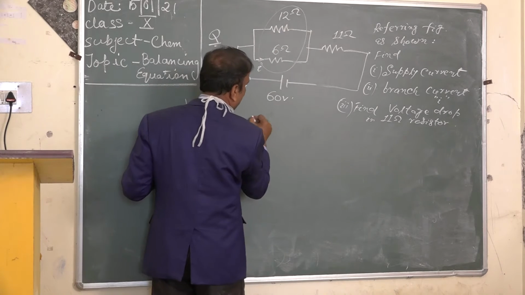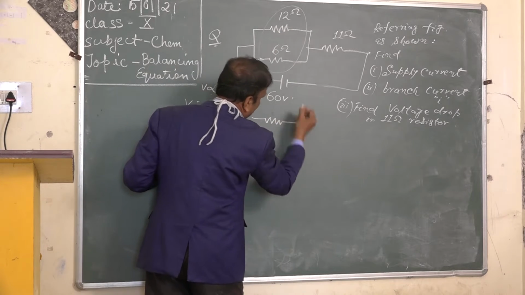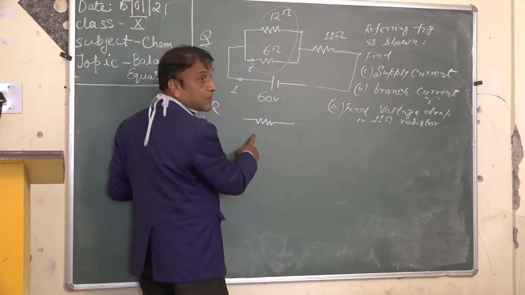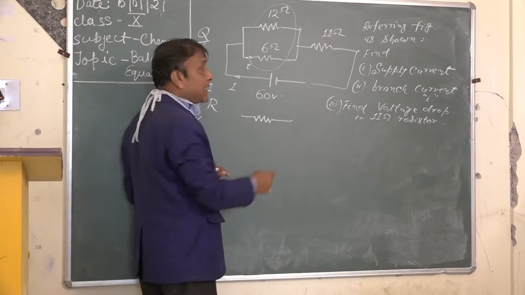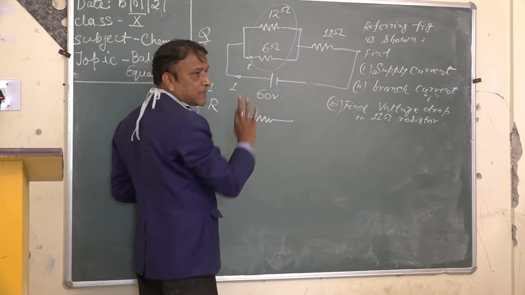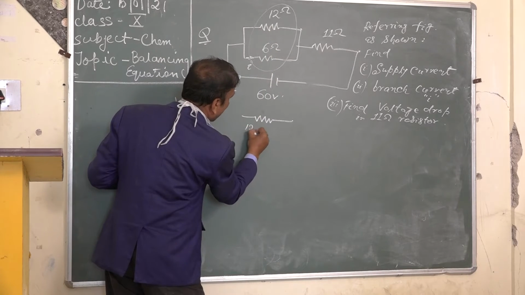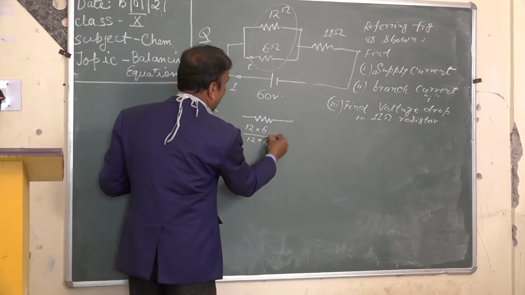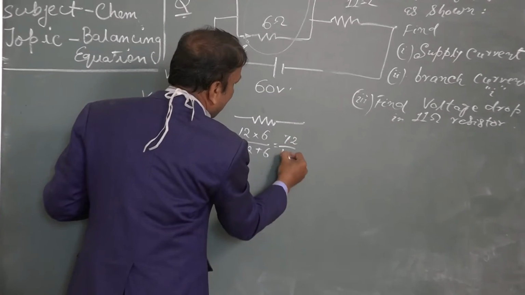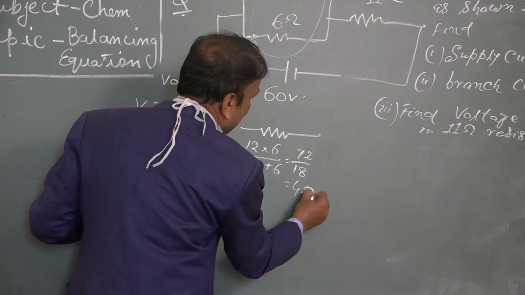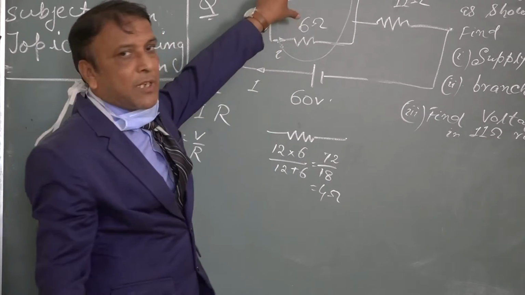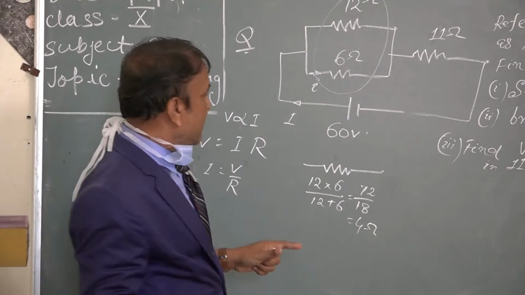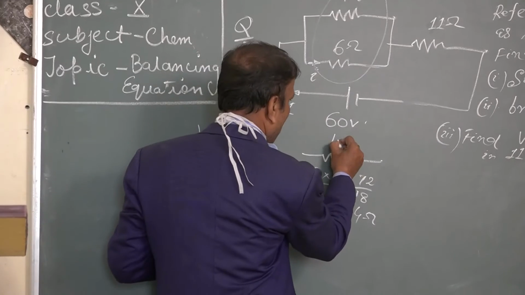Instead of these two, I will take a single resistor, and its value will be the product divided by the sum. So, it is 12 into 6 by 12 plus 6, means 72 by 18, which is equal to 4 ohm. So, instead of these two resistors, we can take a single resistor whose value is equal to 4 ohm.